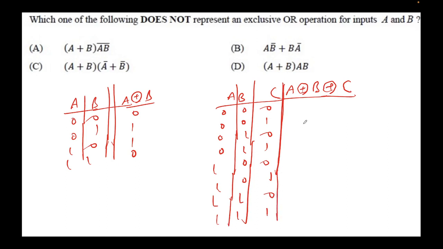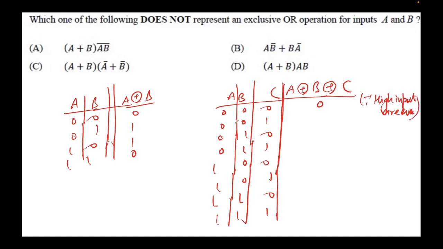I'll try to compensate when I explain. The trick to remember is that the output would be 1 when the number of inputs that are 1 is odd. So the output would be 1 when one of the inputs is 1 or 3 inputs are 1. Here the number of inputs that are 1 is 0, so the answer would be 0, because high inputs are even.